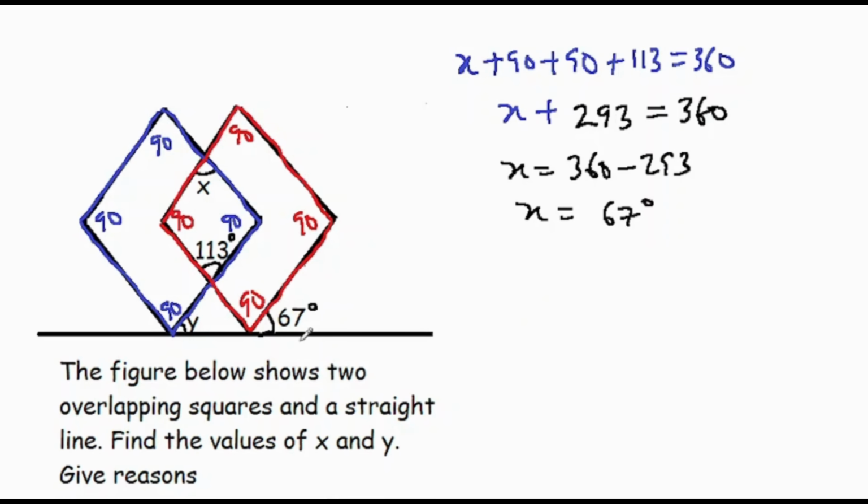Now to look for y, I want you to look at this angle here, around that 67 degrees. Let's label this angle A. I can see a triangle here at the bottom, but if I can find angle A, then it will be convenient for me to find angle y. So let's draw out this shape.